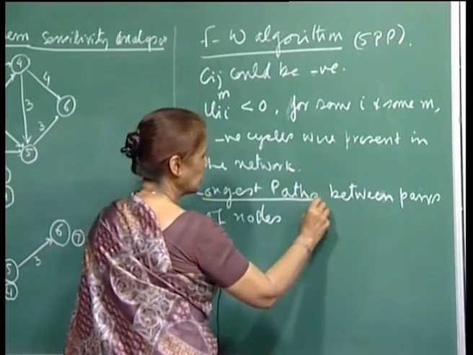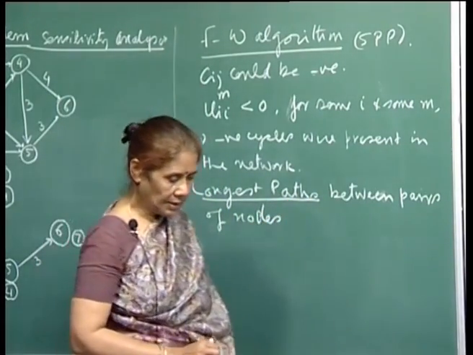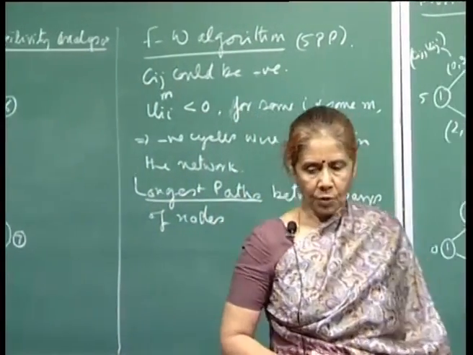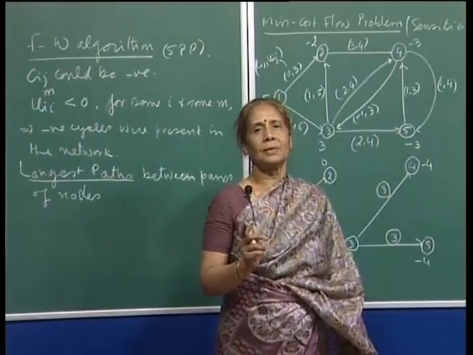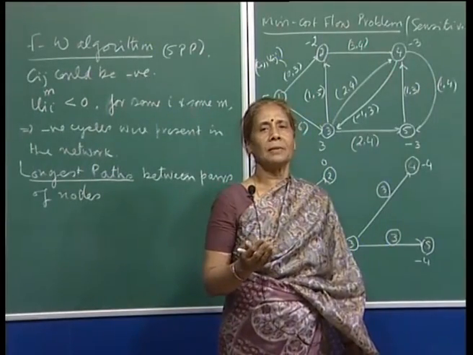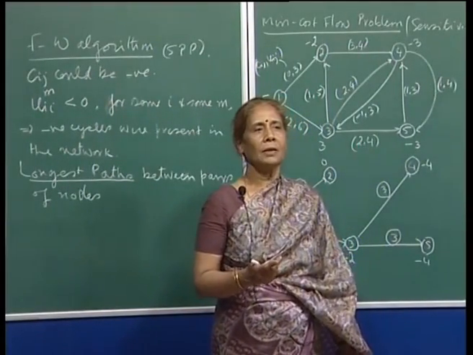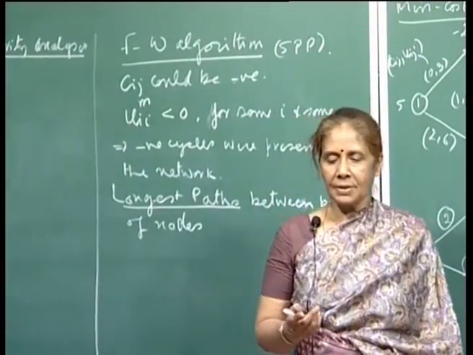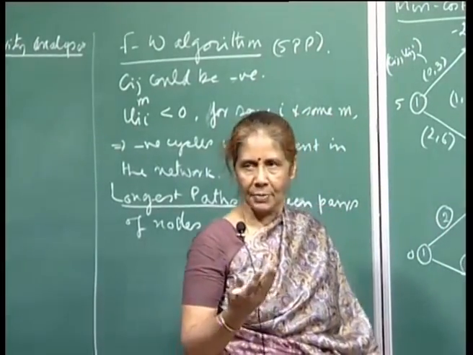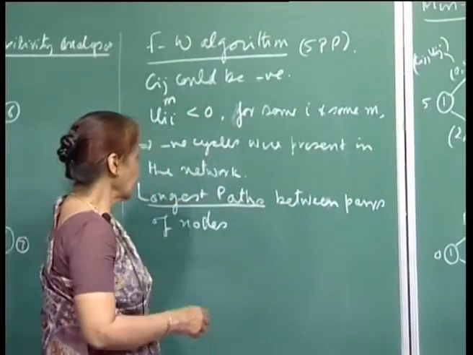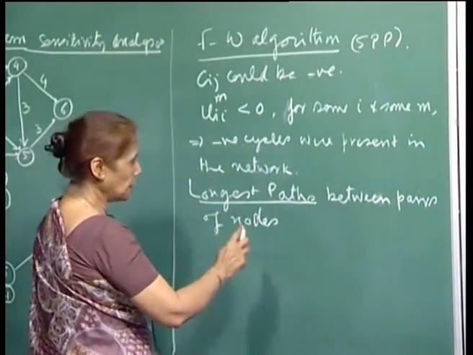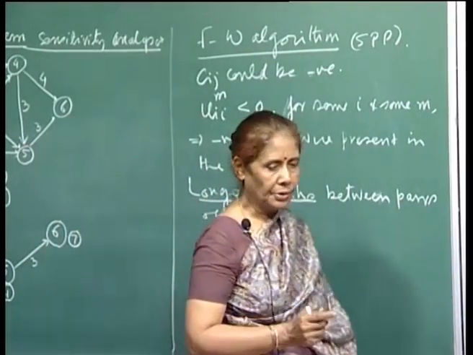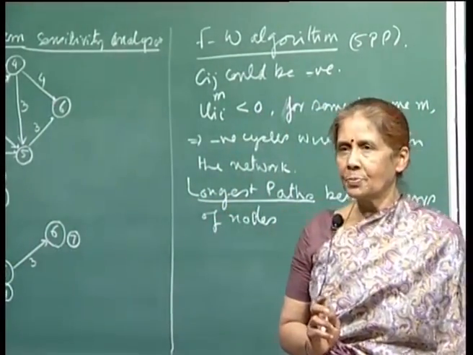Okay, so longest paths. But again, here also you see that if the network has a positive cycle present in it, then the same argument applies, that I can go on increasing the longest path distance by traversing the positive cycle as many number of times as I wish to, right. So, the longest path problem also is feasible if we can ensure that there are no positive cycles present, right.